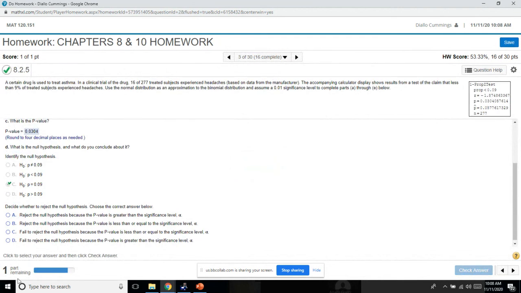Now we're asked to make some decisions about the null hypothesis. I have to take two values in mind: the p-value, which is 0.03, and the significance level, which is 0.01. Notice that our p-value is larger than our significance level. 0.03 is a bigger number than 0.01.